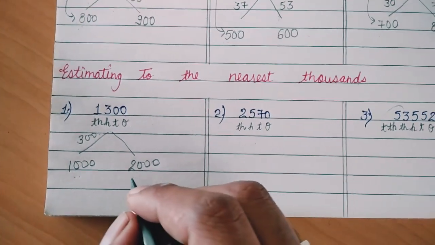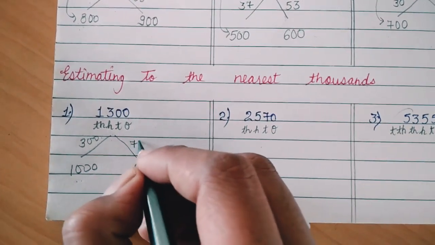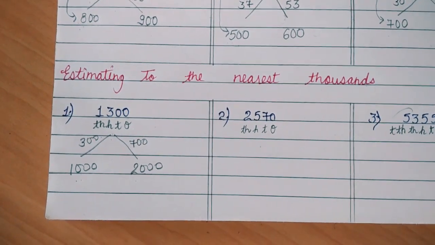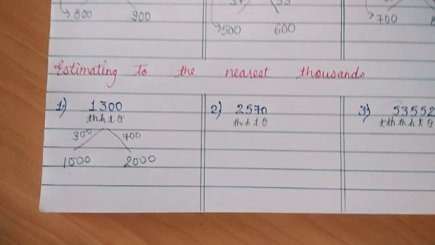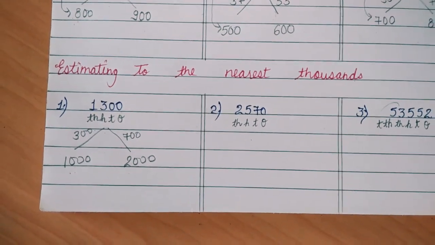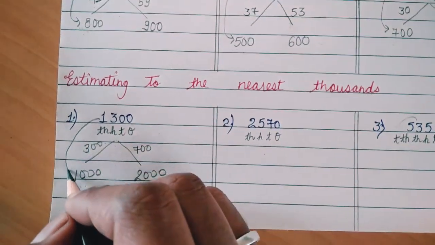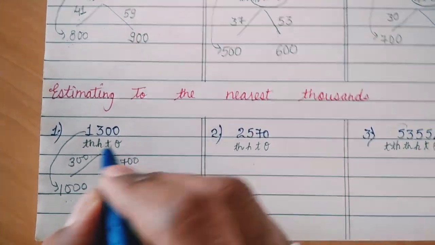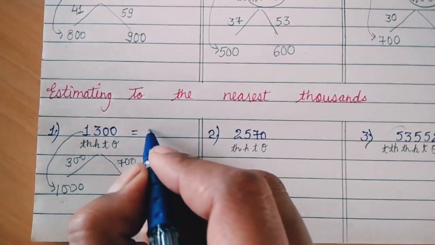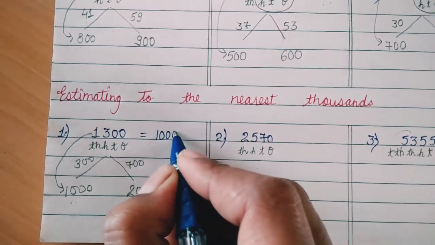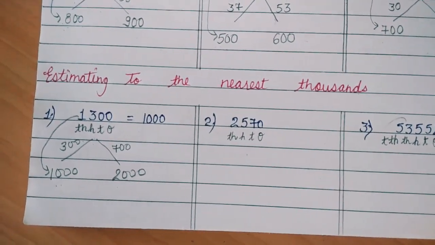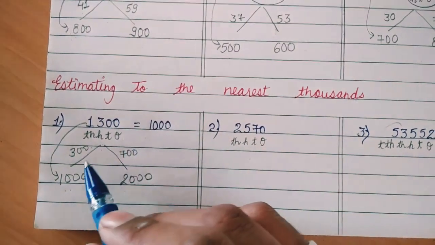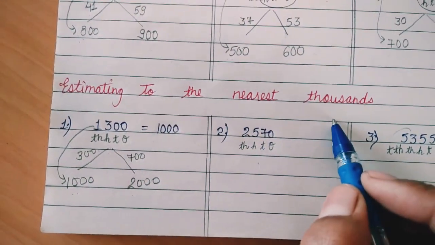And when we are moving from 2000, we have to take 700 steps. So where will we get the less one? Yes, we will get the less one here in the 1000 case. So our 1300 will change into 1000 after estimating it to the thousands place.